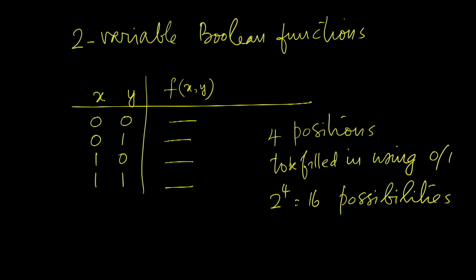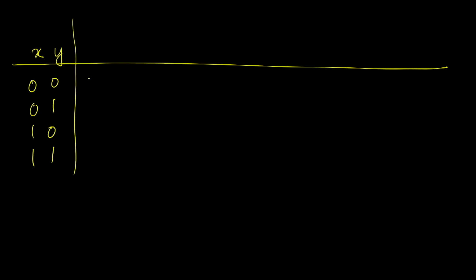Let us look at all these 16 possibilities. So enumerating all these 16 possibilities, let us consider all possible 4 inputs 0, 0, 0, 1, 1, 0 and 1, 1. So there are 4 vacancies to be filled. F of x y could be any of these 16.